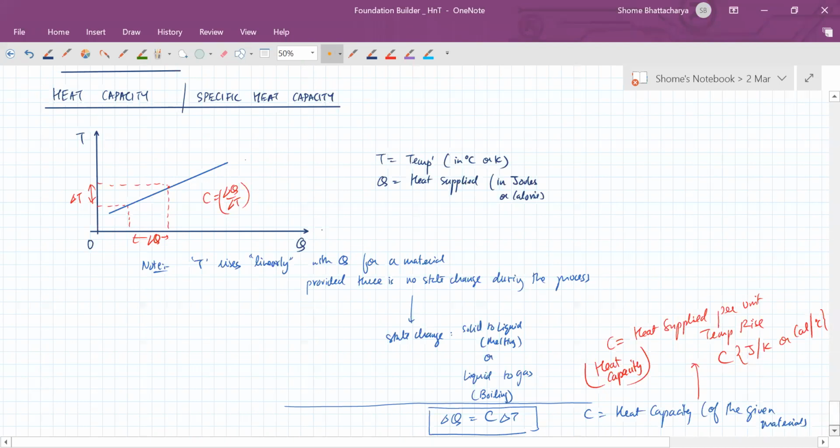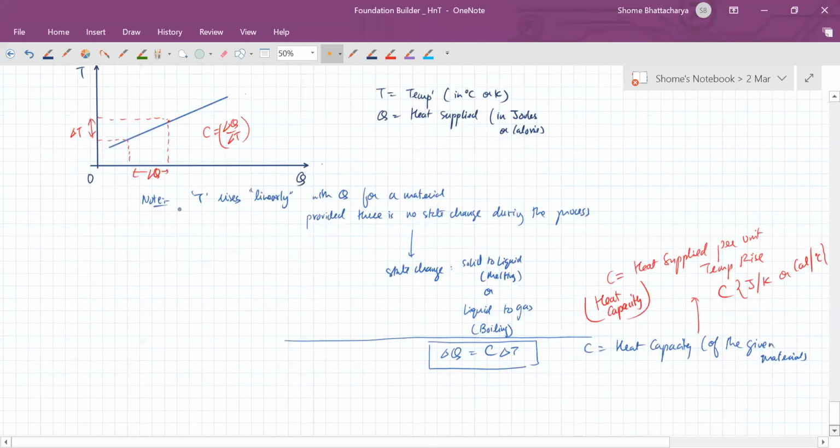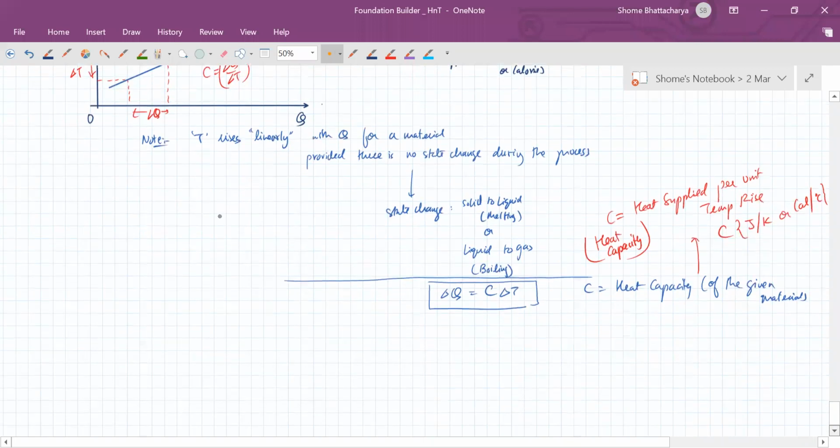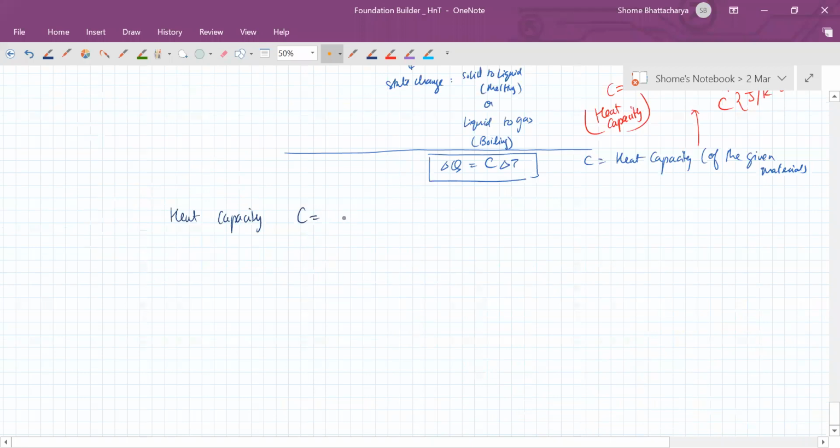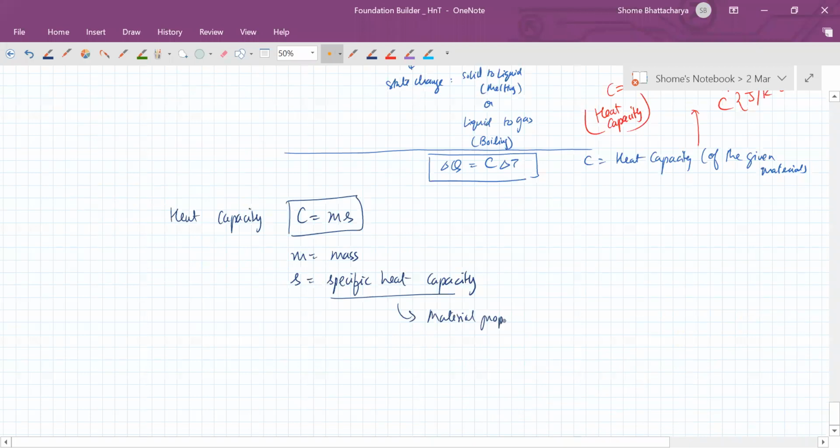Okay, now this heat capacity itself is a function of the mass of the material. Okay. And S is called the specific heat capacity. And this specific heat capacity is a material property. So each material has its own value of specific heat capacity.